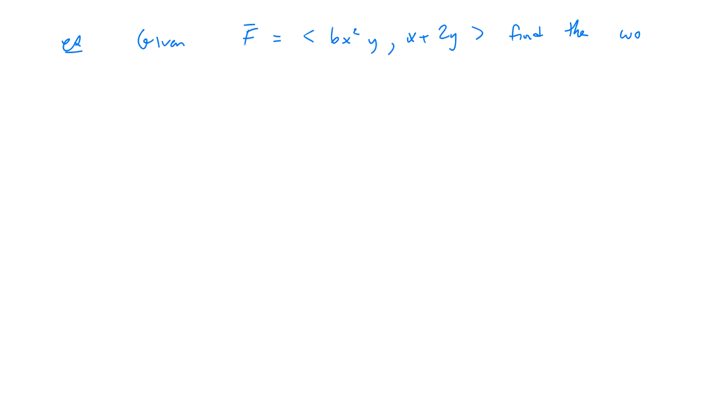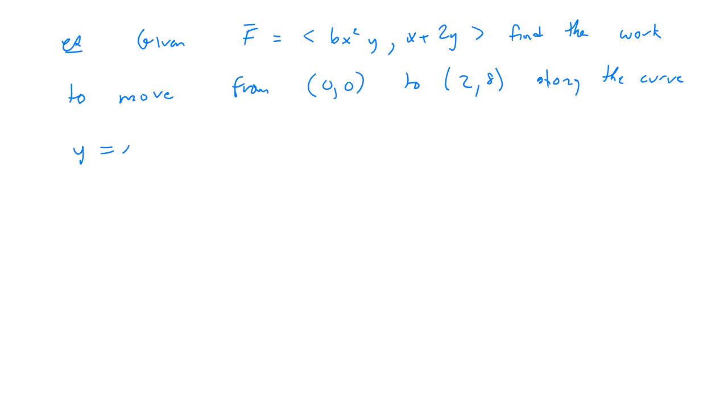This particular one, I'm pretending it is the gravity, that way we get work, or force to get work. So moving along this curve, subject to a force, I want to find the work to move along that curve.